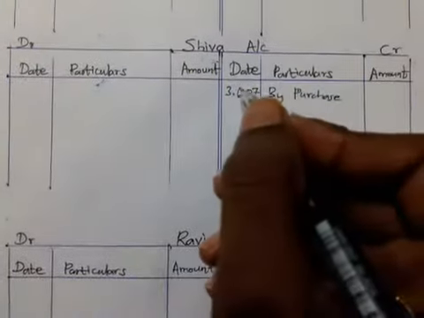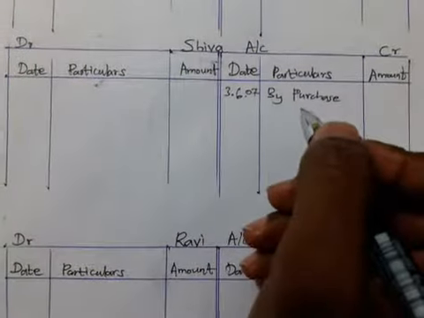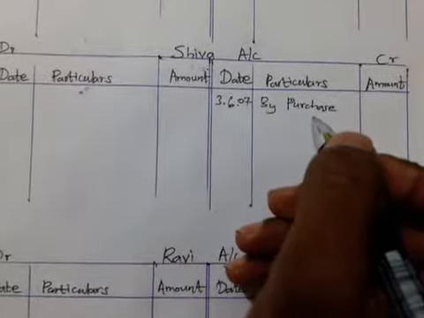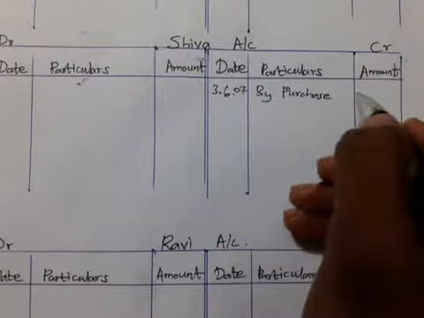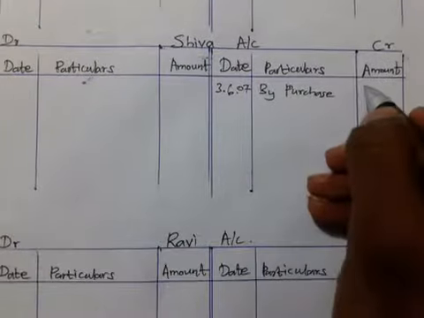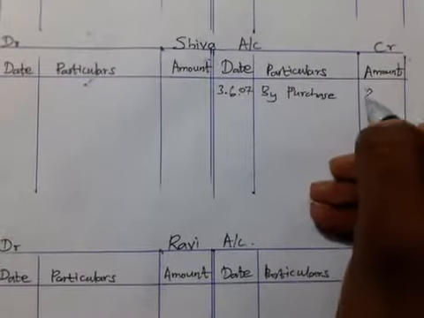So Shiva is a creditor for the firm. Creditors are liability type of accounts, so we are recording in the credit side because the creditors are increasing, 80,000.